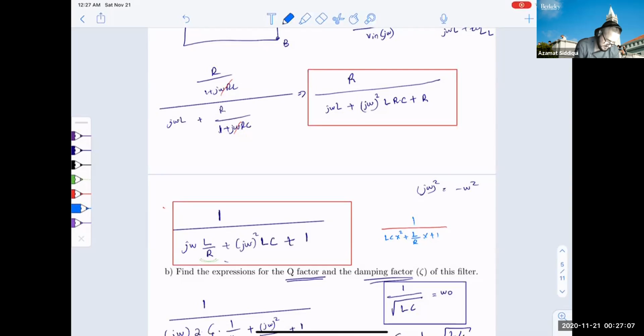To simplify, I'm just going to write j omega as x. And I'm going to switch my windows to MATLAB and show you how to do this.